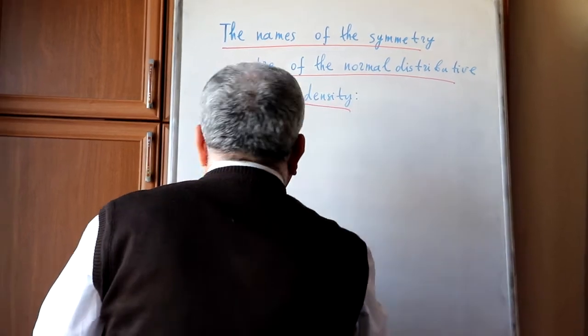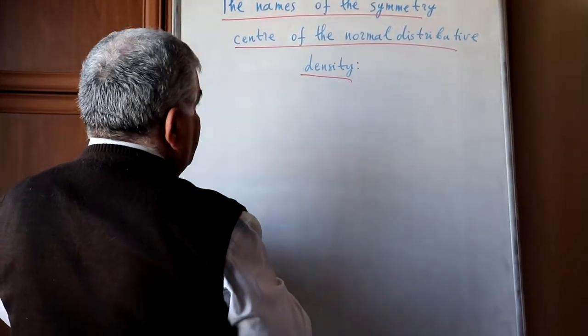First, construct the graph of the normal distributive density.